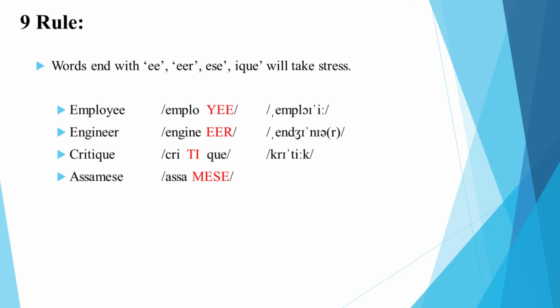For example, employee, engineer: before -eer we can mark stress. Then Assamese, Chinese, Japanese: for this -ese we can mark stress.